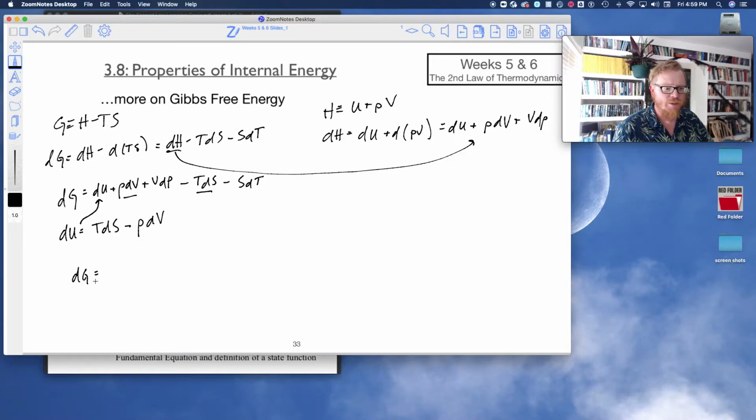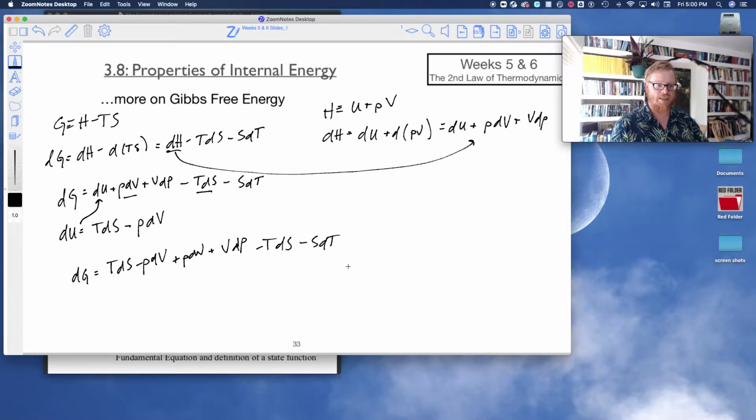Okay, so dG equals all of this, TdS minus PdV. So that takes care of just the dU. Now, plus PdV plus VdP minus TdS minus SdT.